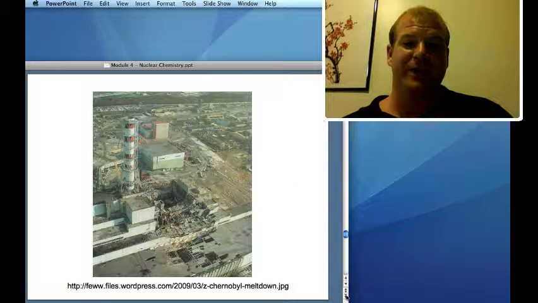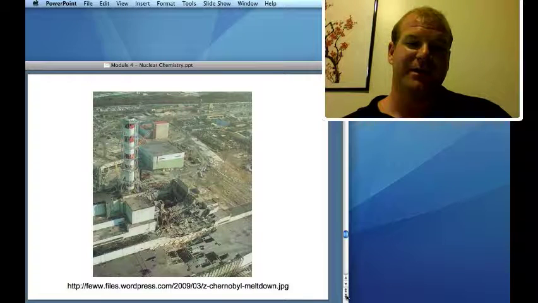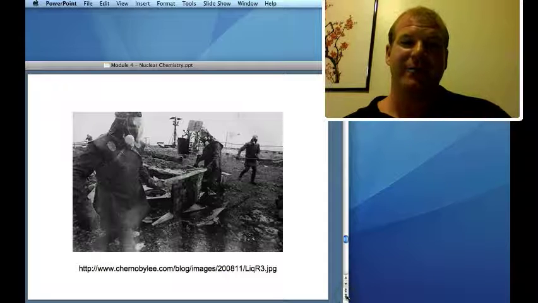So here's a picture of the reactor in Chernobyl, and you can see that the explosion was pretty massive. This is not like an atomic bomb. This explosion, just like the one in Fukushima, but worse than Fukushima, was an explosion just from the expanding gas, not a nuclear blast. Here are the liquidators, the guys that came and cleaned up. They all died of acute radiation poisoning.